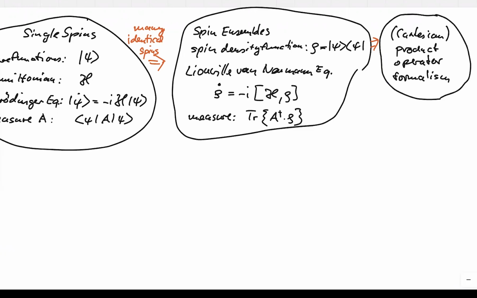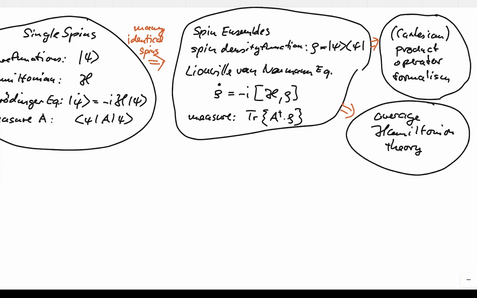And then we have another very important theory, which is called the average Hamiltonian theory, with which we typically describe nowadays pulse sequence building blocks and what they do altogether. So with these formalisms, we can already describe the vast majority of experiments and what's happening in magnetic resonance.